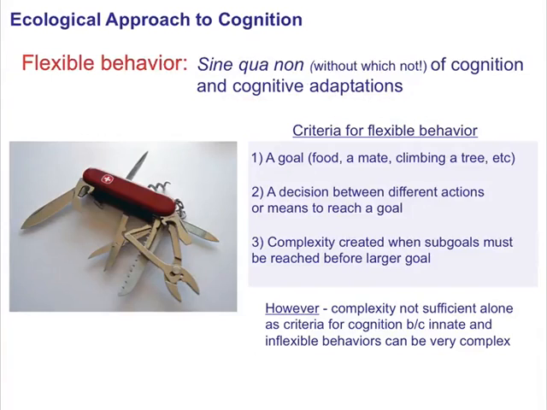So the tricky thing about flexibility, though, is that when you see complicated things, you may think that complexity is a good definition of flexibility, but it's dangerous because there are lots of animals that have complex behaviors that aren't particularly flexible. So complexity is really not sufficient alone as a criterion for cognition.